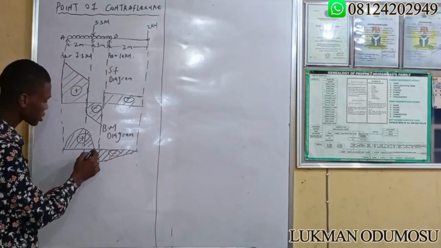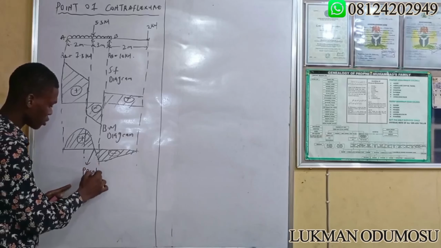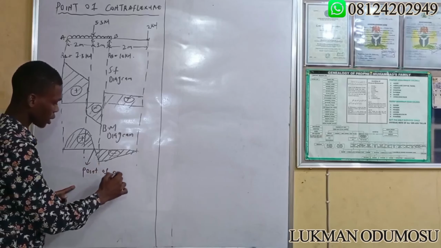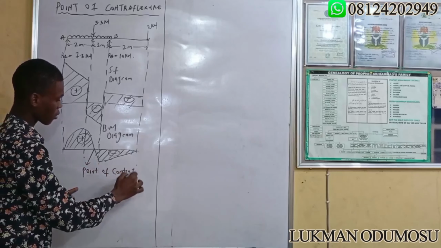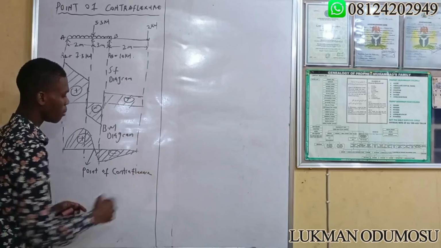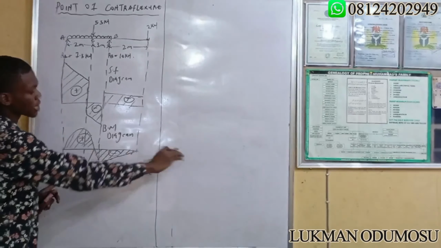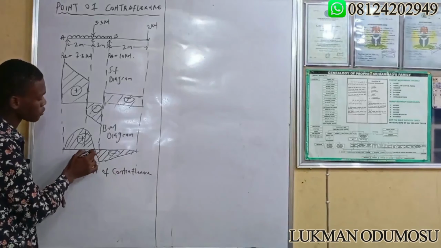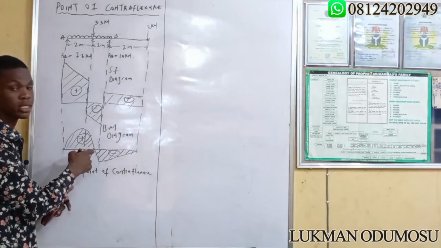at this point, point of contraflexion has occurred. Meaning that at this point, the bending moment cuts the x-axis, and we can see that the bending moment is 0 at this point.